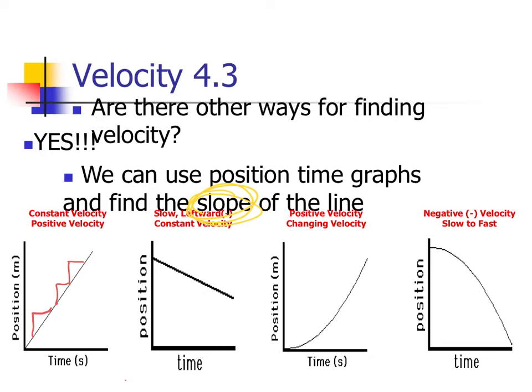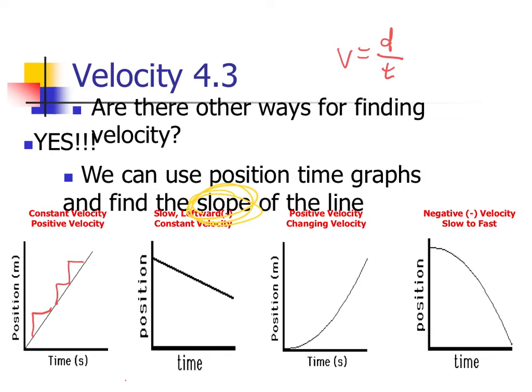It might look like it's increasing, but it's not increasing its velocity. The velocity is being held constant because, as we know from our equations, velocity is equal to distance divided by time.